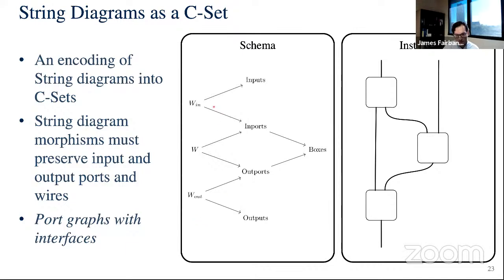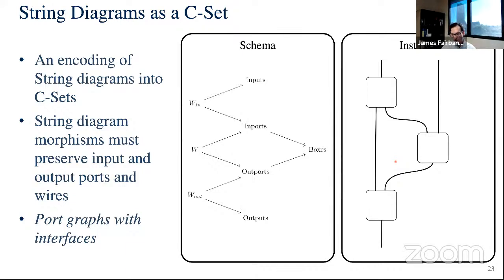Then W-in are like these wires that come from the domain, and W-out are the wires that leave, and W are the internal wires. So it's kind of clumsy to handle 4 different types of ports and 3 different types of wires.